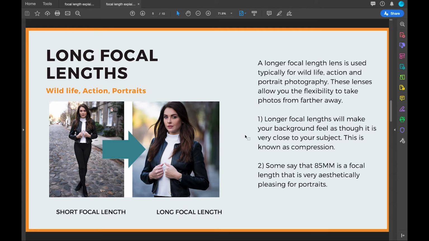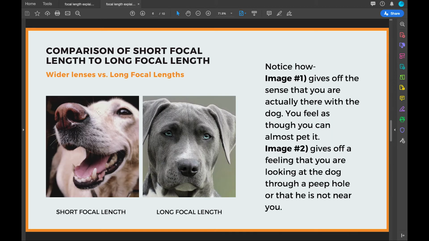So that's why I'm really trying to get you to see how a lens can really change the look completely of your images. So let's look at this one here, and on your left hand side, notice that the dog seems as though you're almost right there and you can pet him, compared to the one on the right hand side.